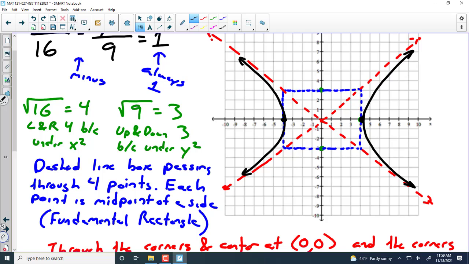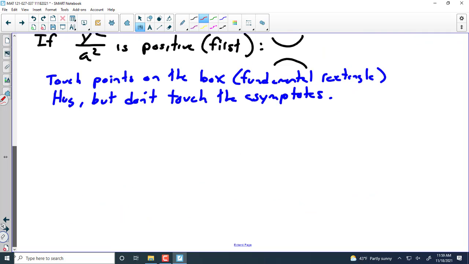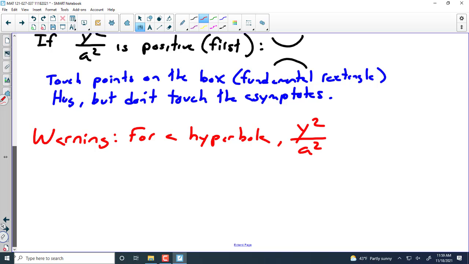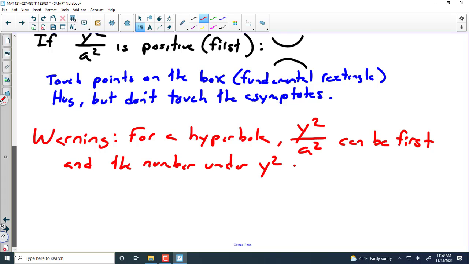Would you like to do another one with me? Warning, for a hyperbola, y squared could be first. And the number under y squared still helps you move up and down, whether it's first or second.